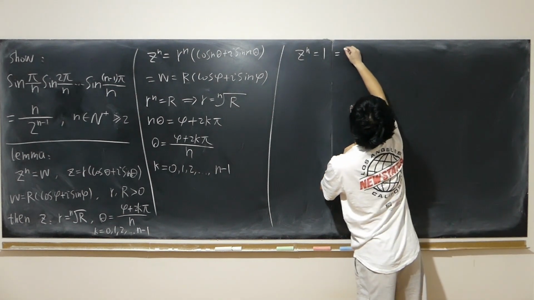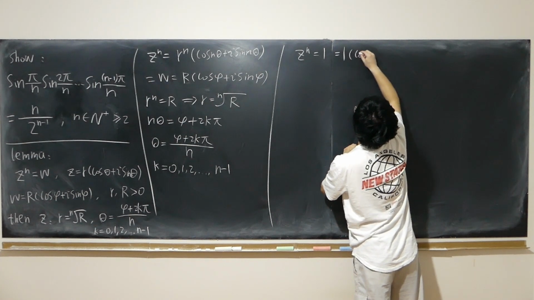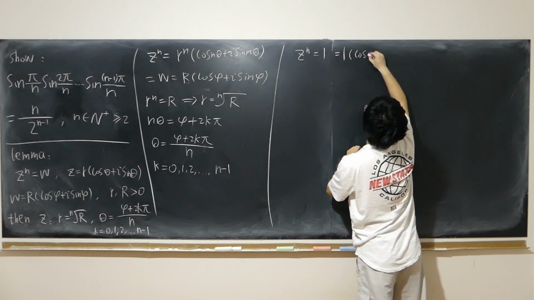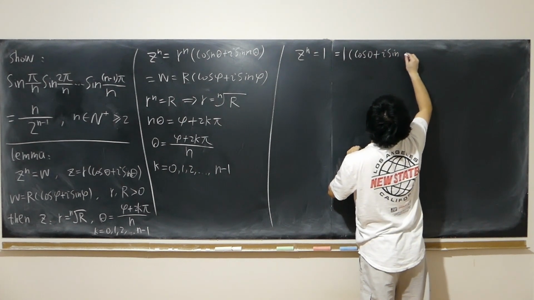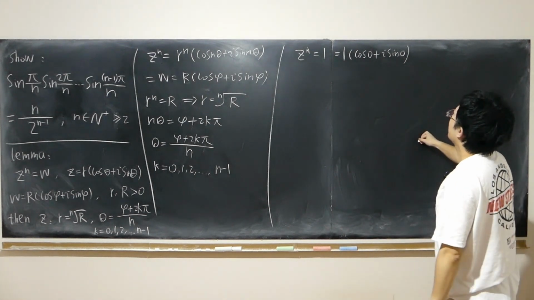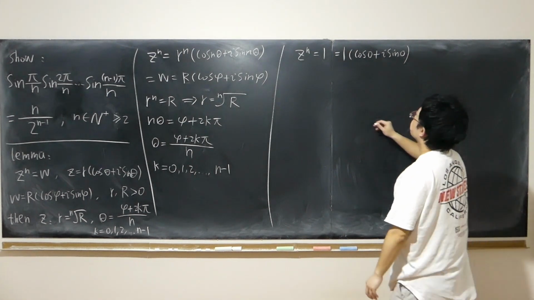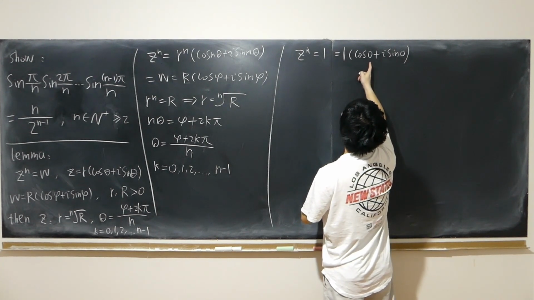So it is cosine 0 degrees plus i sine 0 degrees. This is my capital R, this is my phi.